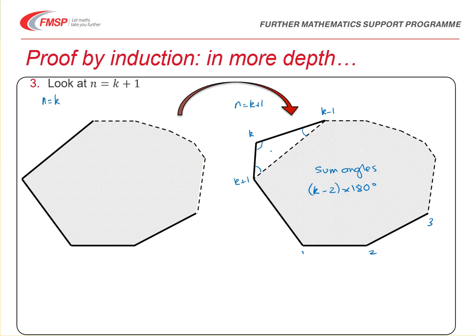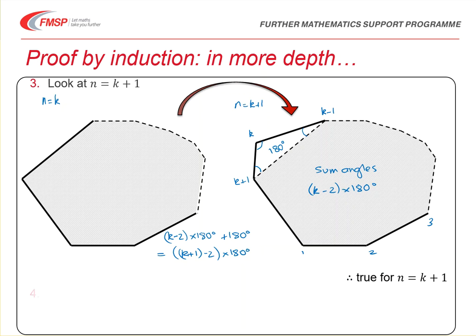Those 3 angles form part of a triangle, so we know that they sum to 180 degrees. If we now have k minus 2 times 180 degrees plus 180 degrees, we can write this as k plus 1 minus 2 lots of 180 degrees, and we've shown that our proposition is true for the k plus 1 case.